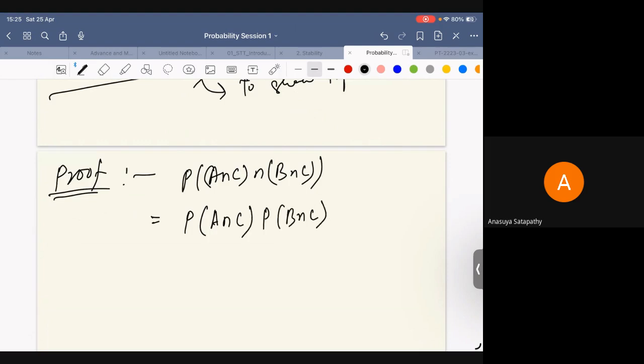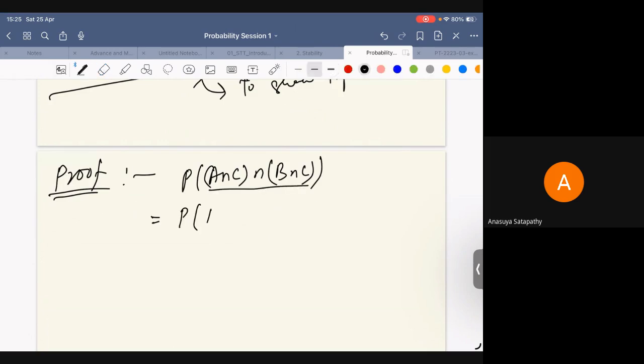Can I write like this? Because A, B, C, they all are independent. Or shouldn't I write it, because I want to prove it. So can I write like this?